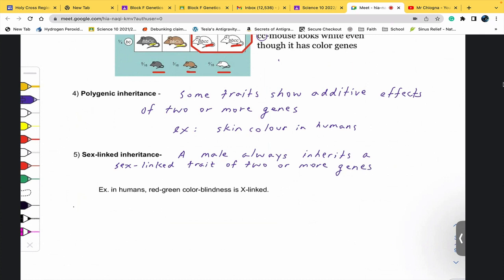Yep, sorry, made a mistake here. A male always inherits a sex-linked trait from the female parent.